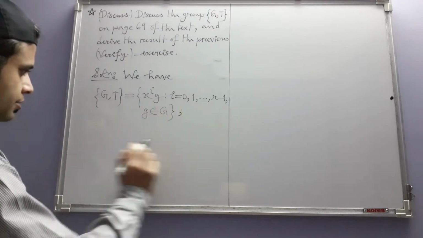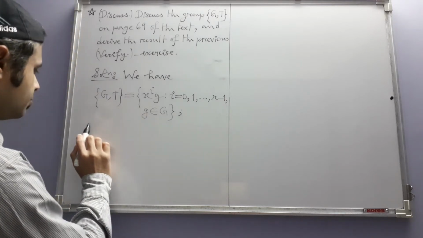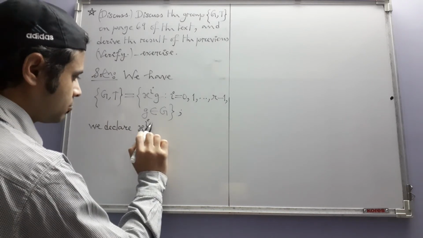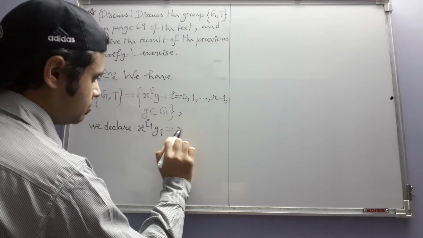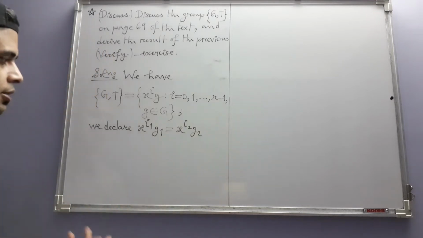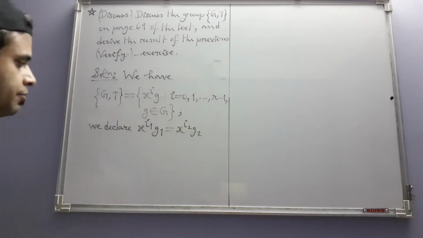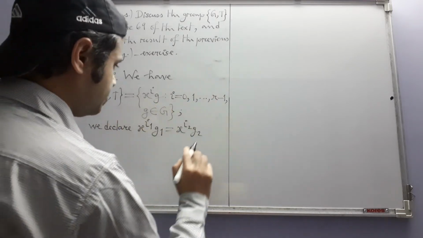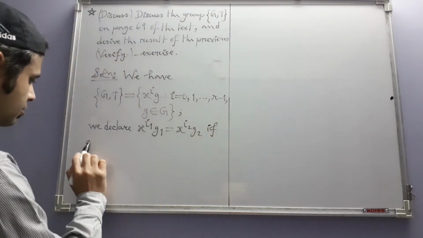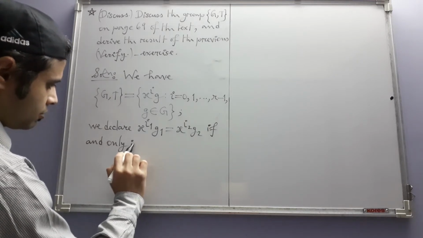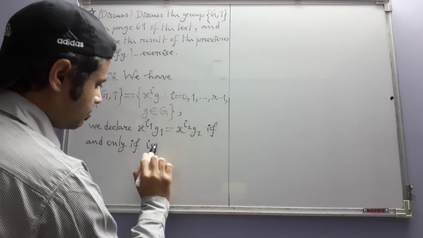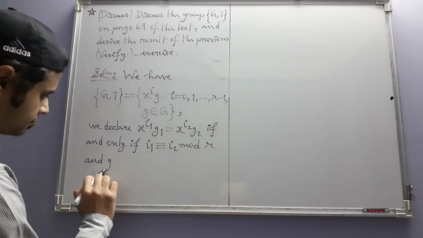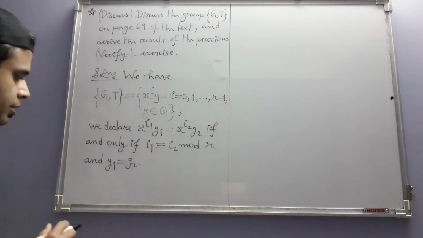Now on this set, this is the criterion for two such symbols to be equal. x to the I1 G1 equals x to the I2 G2, where it's understood that these are symbols coming from this set, and as such G1 and G2 are elements of our group G, and I1 and I2 are integers in this range, if and only if I1 is congruent to I2 modulo R, and G1 is just plainly equal to G2.